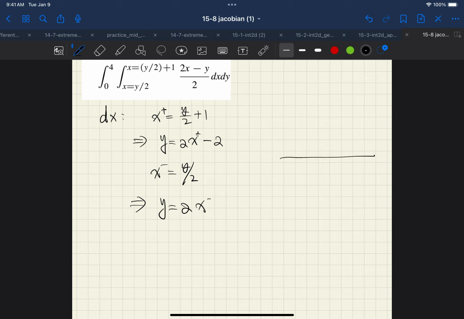So this is the curve for the upper limit of x.